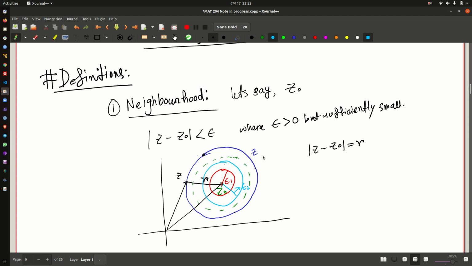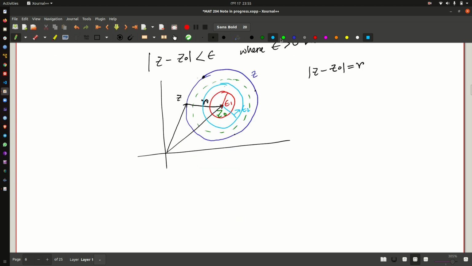And after neighborhood, there is another kind of region, though we haven't defined what is a region so far. There is another kind of thing that is called an annular or annulus region. So mathematically this is defined like this.